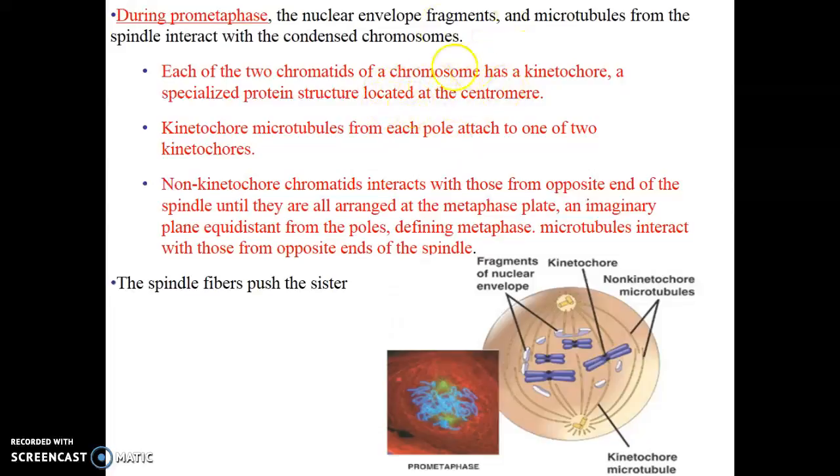The kinetochore microtubules from each pole attach to one of the two kinetochores. Non-kinetochore microtubules interact with those from opposite ends of the spindle.